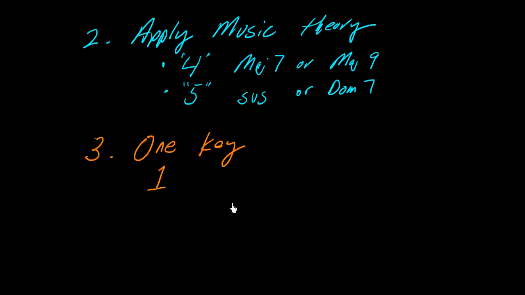A lot of times, if you just learn a scale pattern, memorize it with the number system, you can move that same scale up and down the neck, and the patterns will never change because you're only in the key of 1. And it's much, much simpler to think of music, to hear it and apply it when it's in one key, because every song you play or hear is in one key.